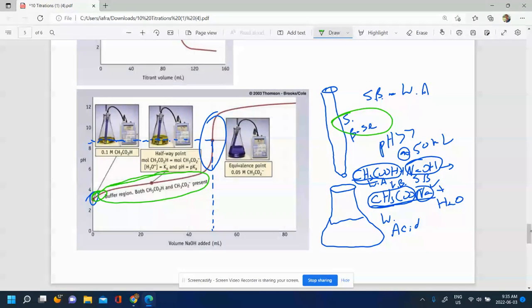And when it slows down, what starts to happen there is you have created what's called a buffer region, where you have an equilibrium that's been created with your weak acid and your conjugate base, plus H2O here.